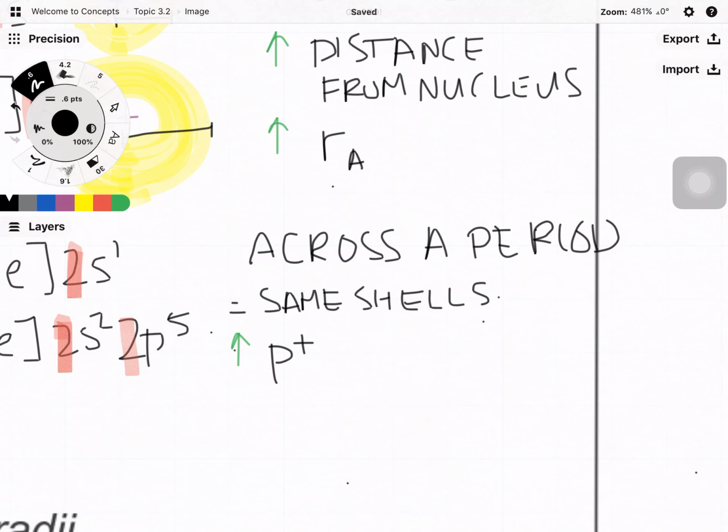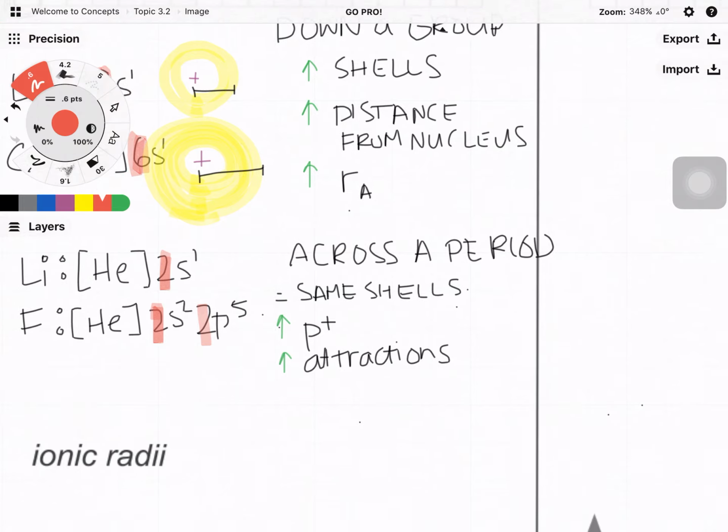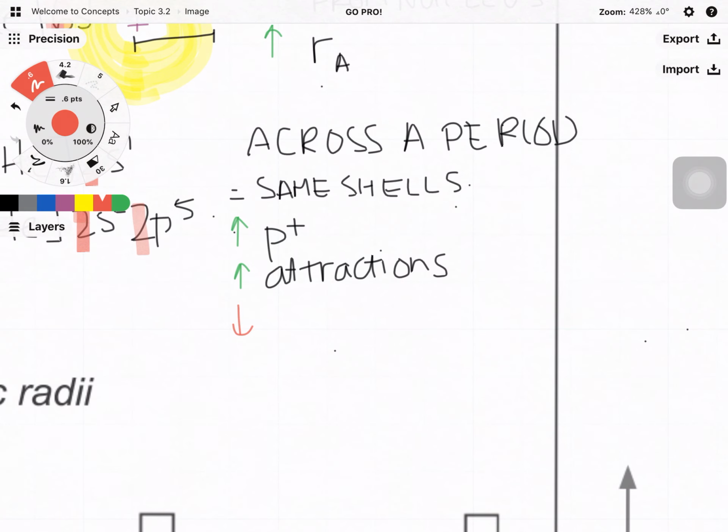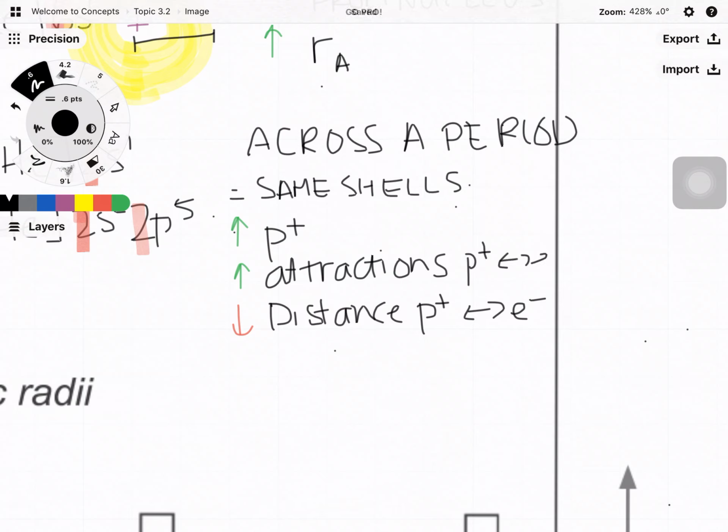That greater number of protons in the nucleus means that these protons are better able to attract the outermost electrons, which means that the distance between the outermost electrons and the nucleus is decreased. So the decrease in distance between the protons and electrons, greater attraction between the protons and electrons, and that results in a decreasing of atomic radius as we go across the period.